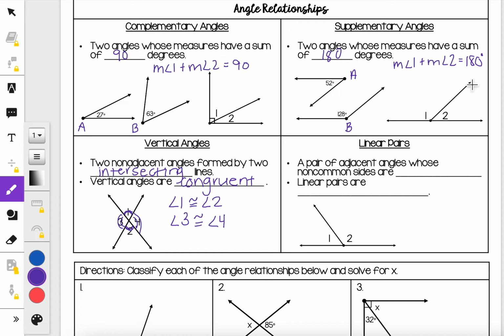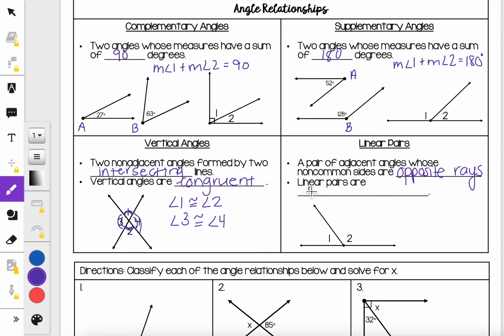Then we're going to talk about linear pairs. A linear pair is a special type of supplementary angles. It's a pair of adjacent angles whose non-common sides are opposite rays. We talked about opposite rays when we talked about straight angles, or an angle that's just a straight line that equals 180 degrees.